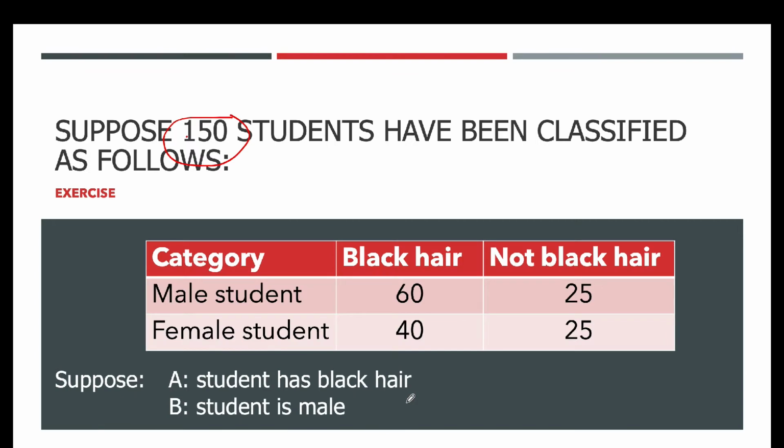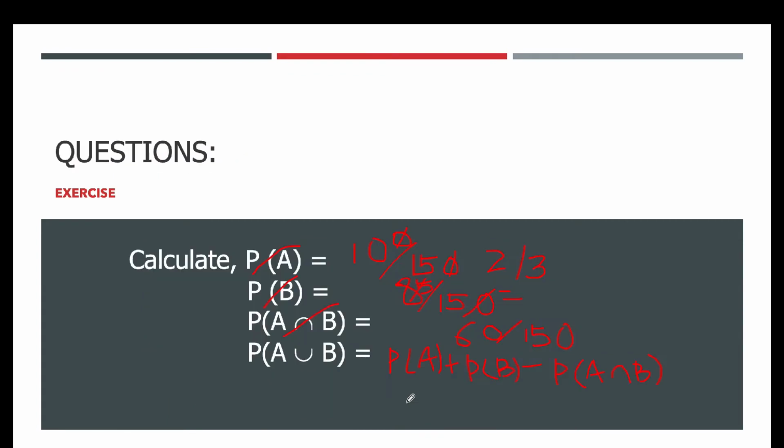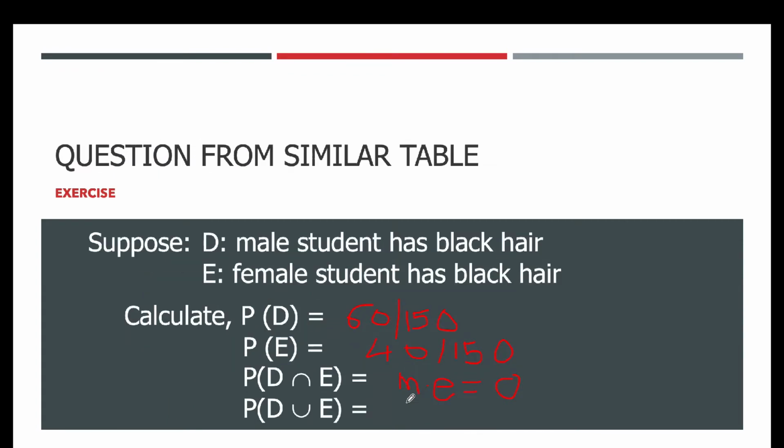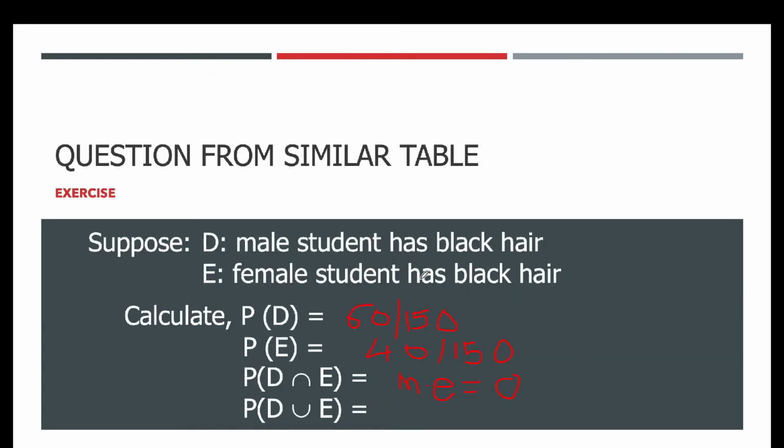That's how you get the probability of the union of male student and female student. We can also cross check, because the total for black hair male and female students is 100 here, which is the same as the answer: 60 plus 40, 100 per 150.